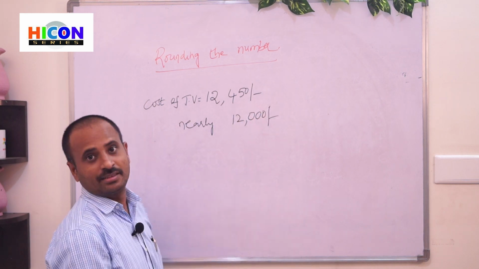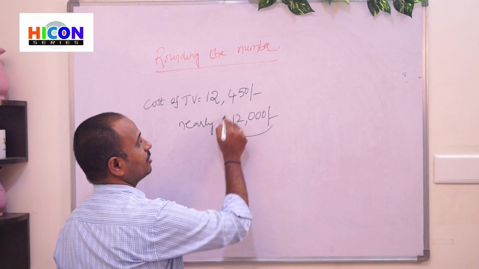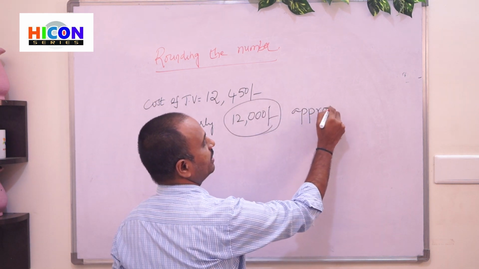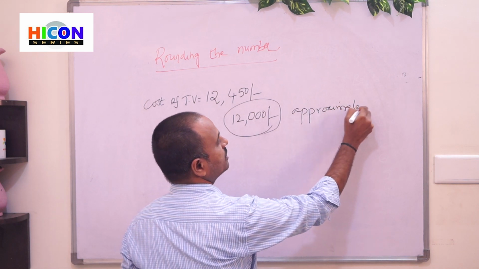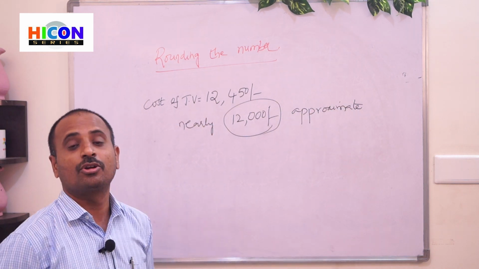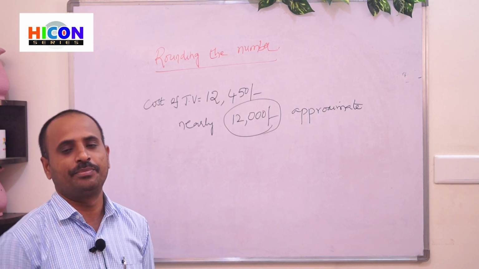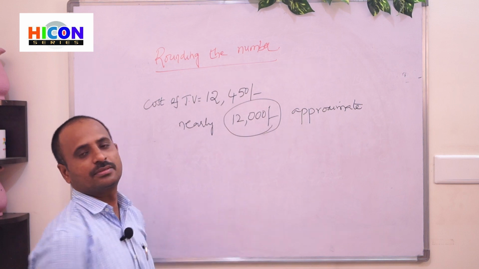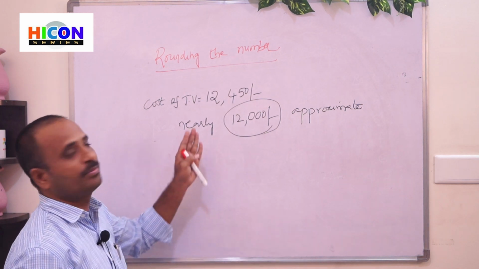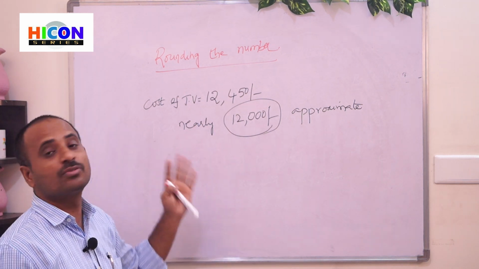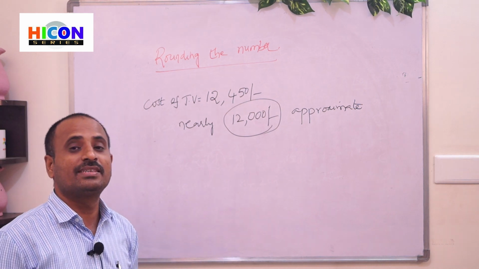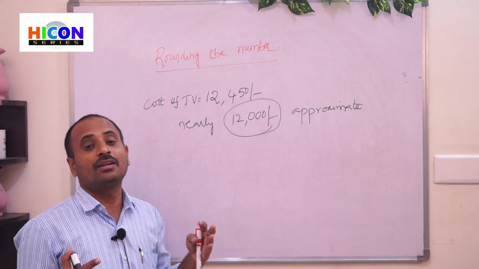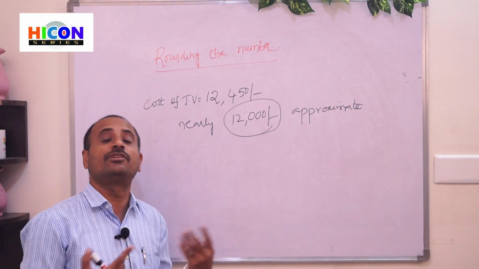This nearly number is called an approximate number, and this approximation is called rounding the numbers. Here we don't remember the exact value of the TV, 12,450. Then we can say generally the cost of the TV is nearly 12,000, or approximately 12,000.